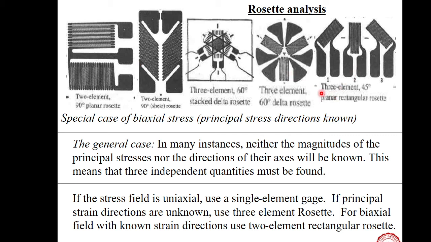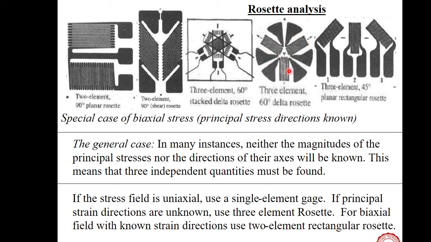This is called a rectangular rosette. Why? The relative angles of these strain gauges are 0, plus 45, minus 45, or we can say 0, 45 and 90, whichever way we fix it. What is this arrangement?